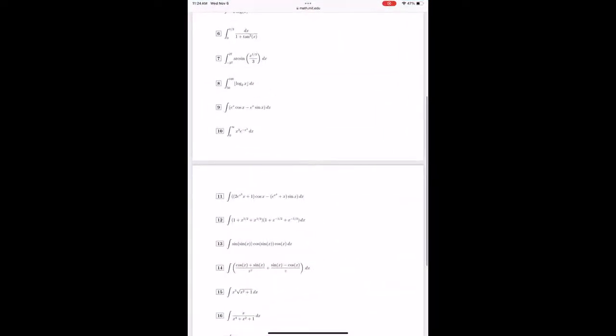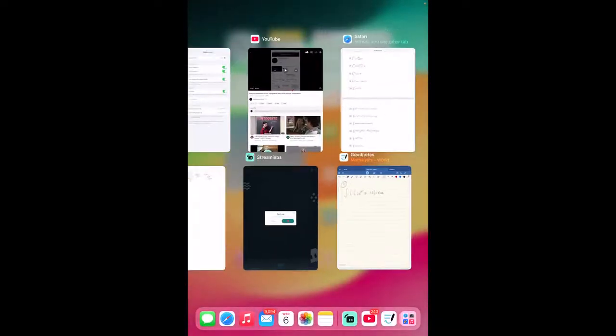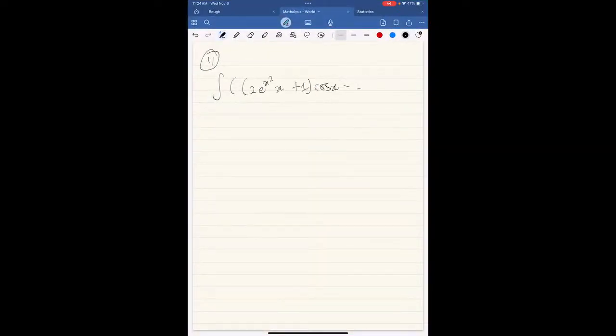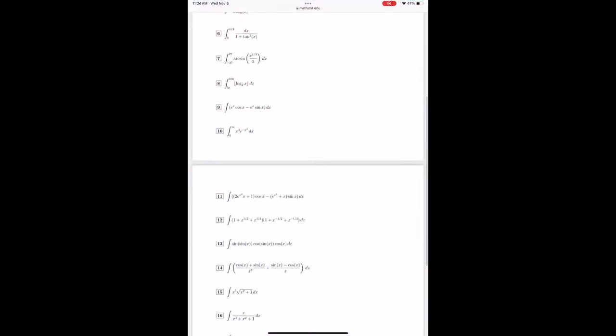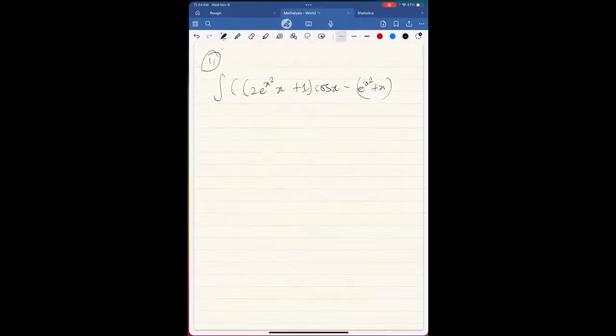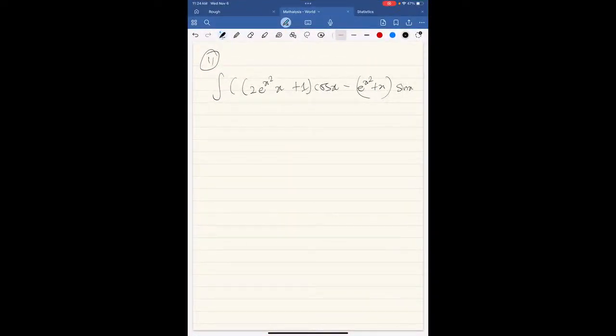I need to improve my handwriting as well.